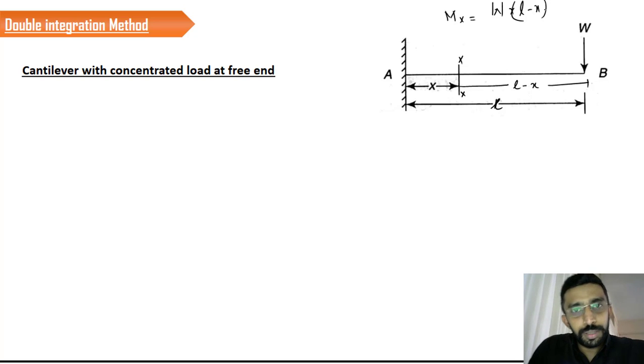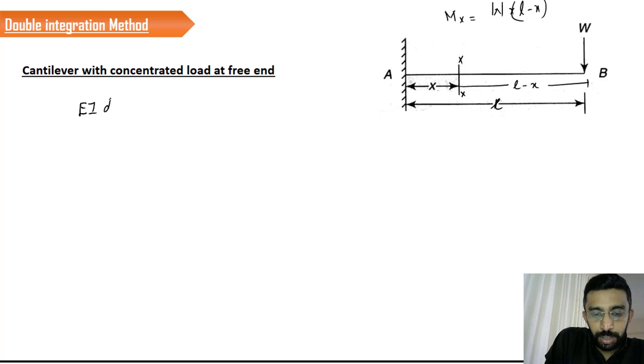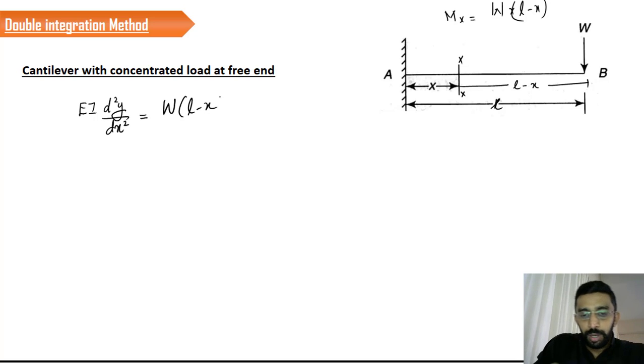Now what we are going to do is equate this moment at x to the moment curvature relationship. So we can rewrite it as EI into d square y by dx square equal to W into L minus x. Now there is a small issue here.